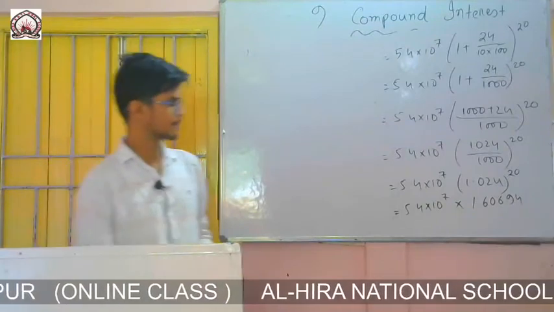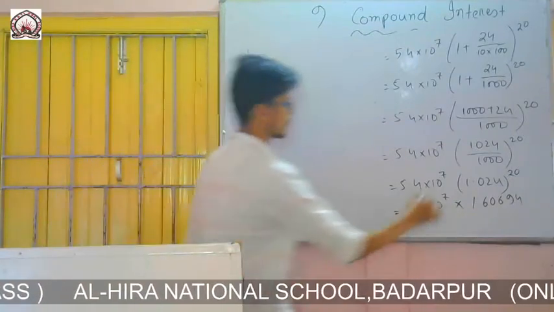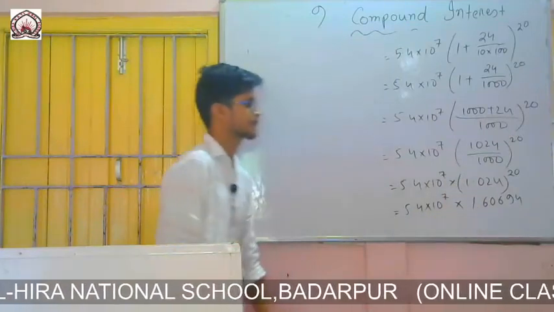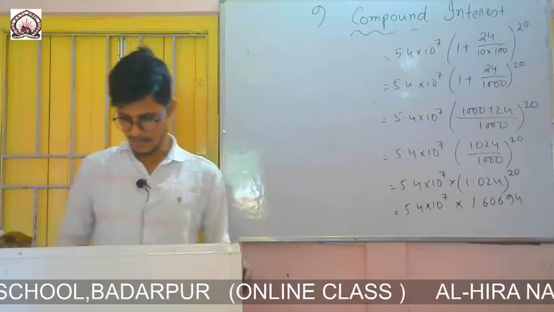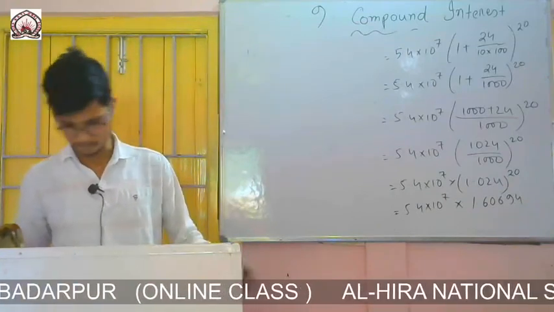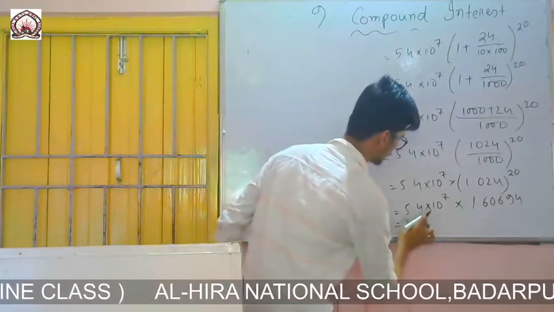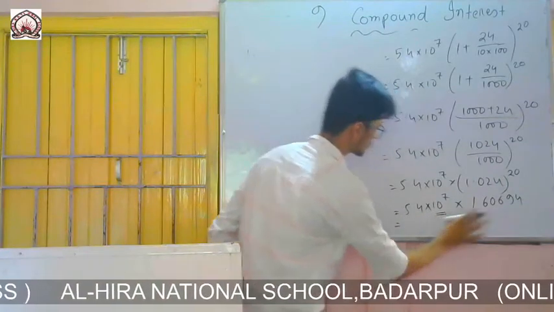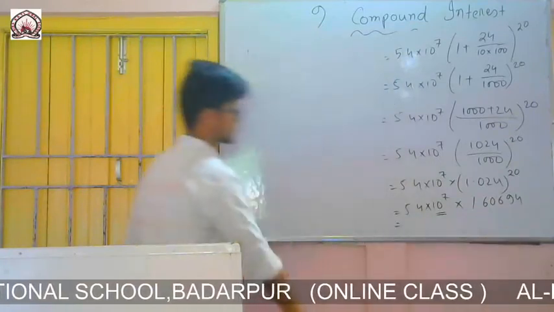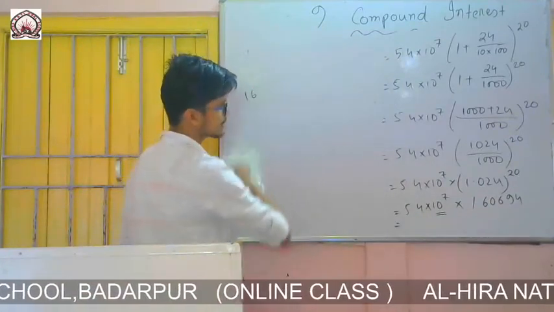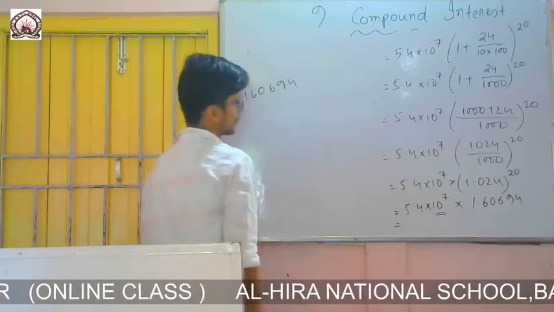The value of 1.024 to the power 20 is 1.60694. So now we'll multiply this one. Keep this one, no need to do anything. Simply 5.4 I will multiply with this number, 1.60694.